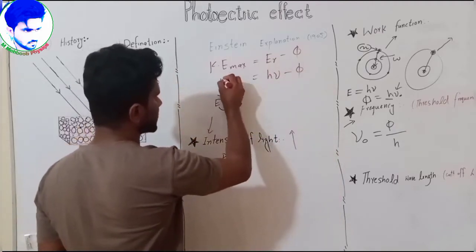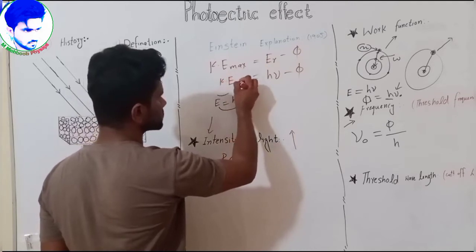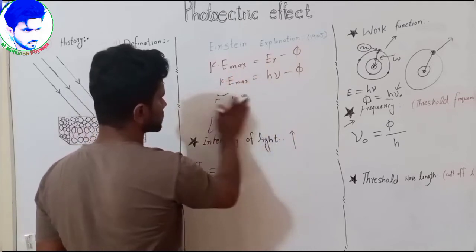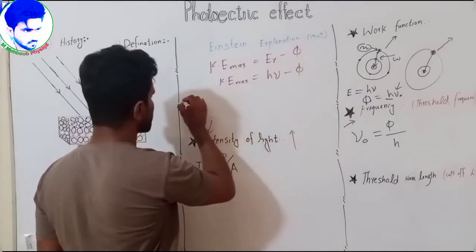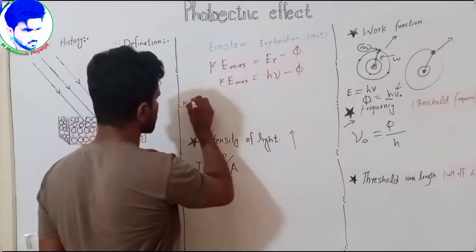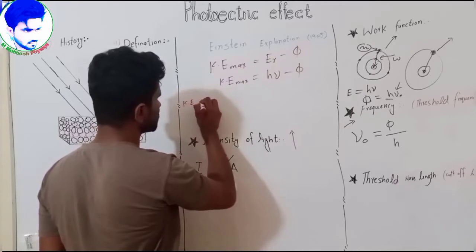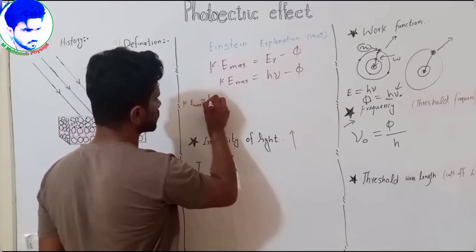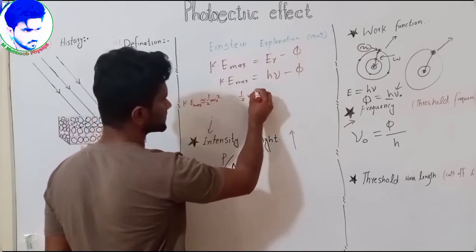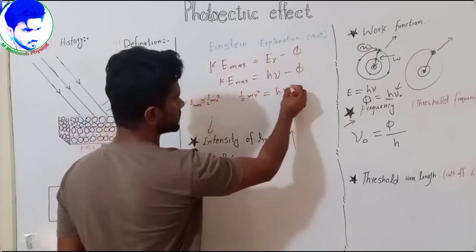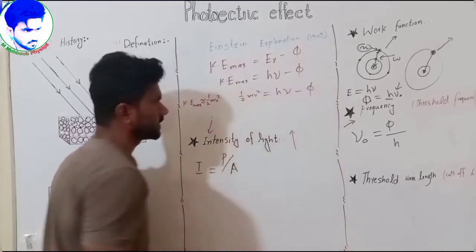So kinetic energy maximum will be this, and kinetic energy maximum is approximately equal to 1 by 2 mv square. So we can say that 1 over 2 mv square is equal to h nu minus phi.